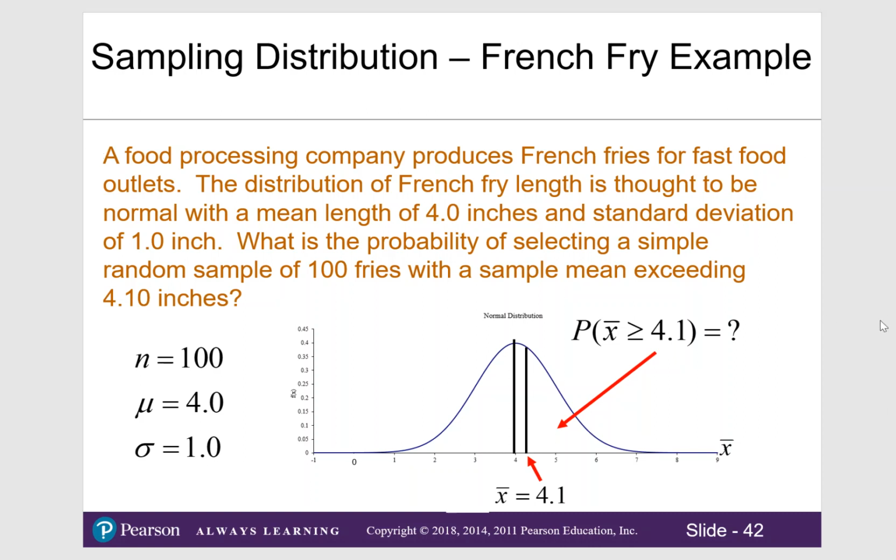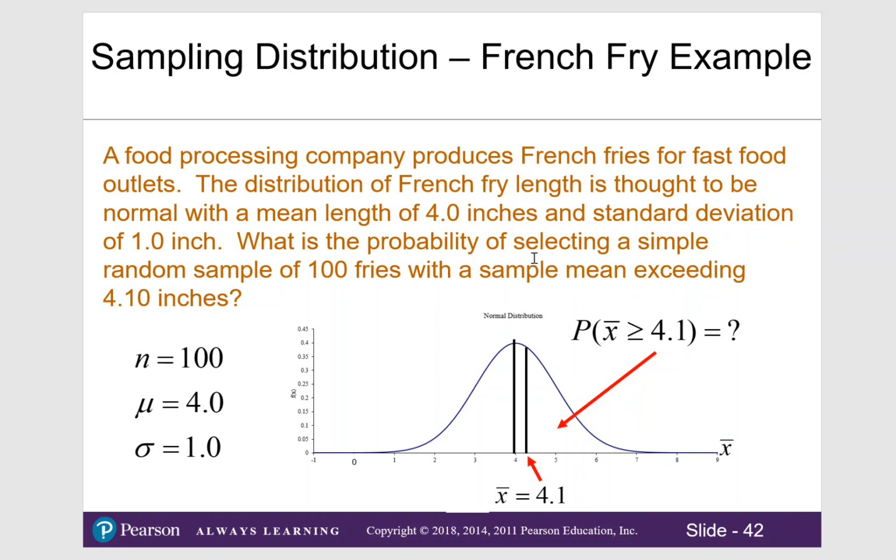So a food processing company has French fries for fast food outlets, and they want the distribution of French fry length to be normal with a mean of 4 inches and a standard deviation of 1 inch. They want it to remain relatively the same size, is what it's saying. Now, what's the probability of selecting a simple random sample of 100 fries with a sample mean exceeding 1.4 inches? Notice what they're asking for here is a sample mean, not a value on X, but an average being a certain value.